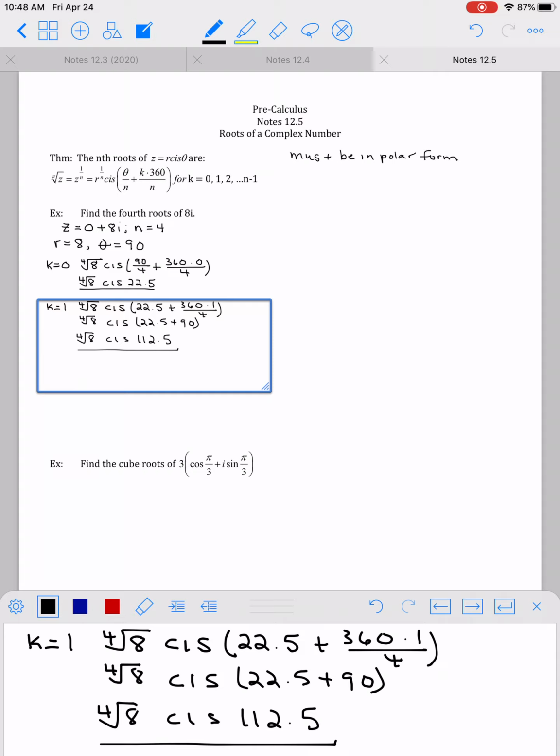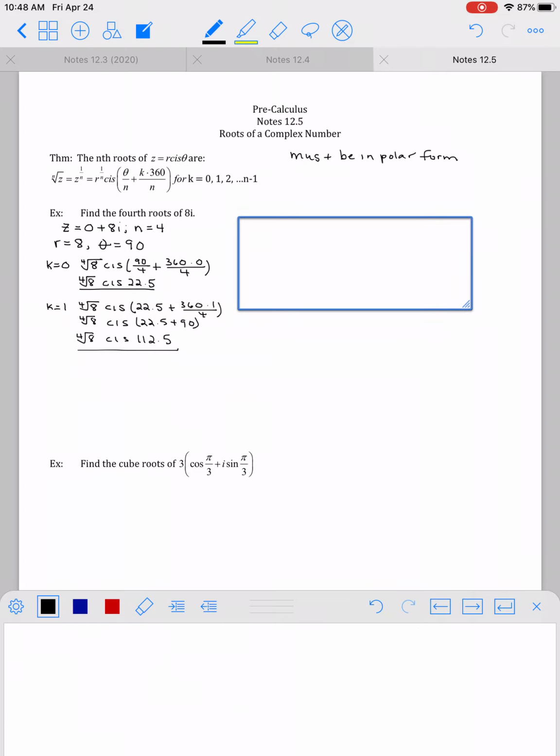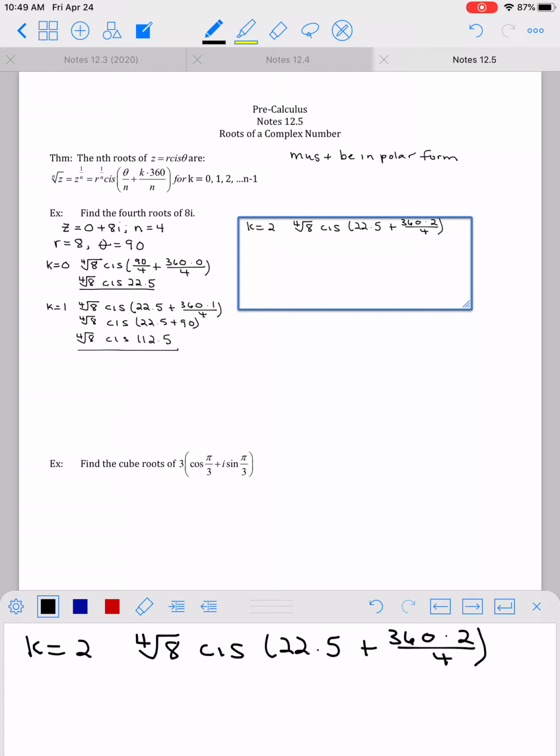And then we come back and do k equals 2. So you can see there's a pattern going. Fourth root of 8, cis, 22.5 plus 360 times 2 all over 4. So that means we're going to add 180.